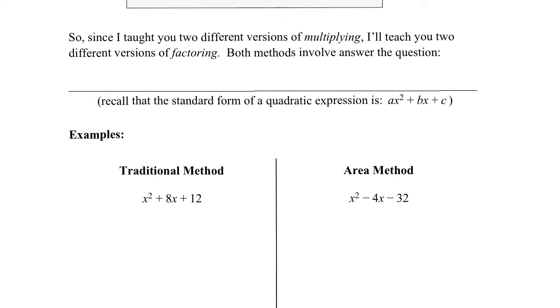So the question that we have to ask ourselves when we're factoring these is, what 2 numbers multiply to c and add to b? Okay, so when we factor these, what we're actually going to be trying to figure out is what 2 numbers multiply to this and also add to this.